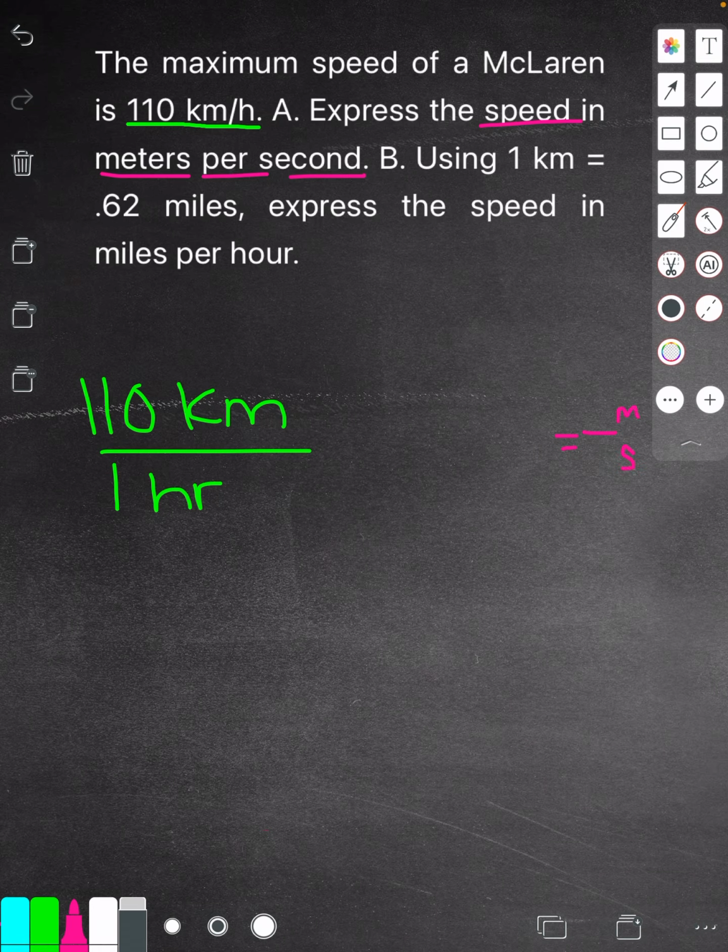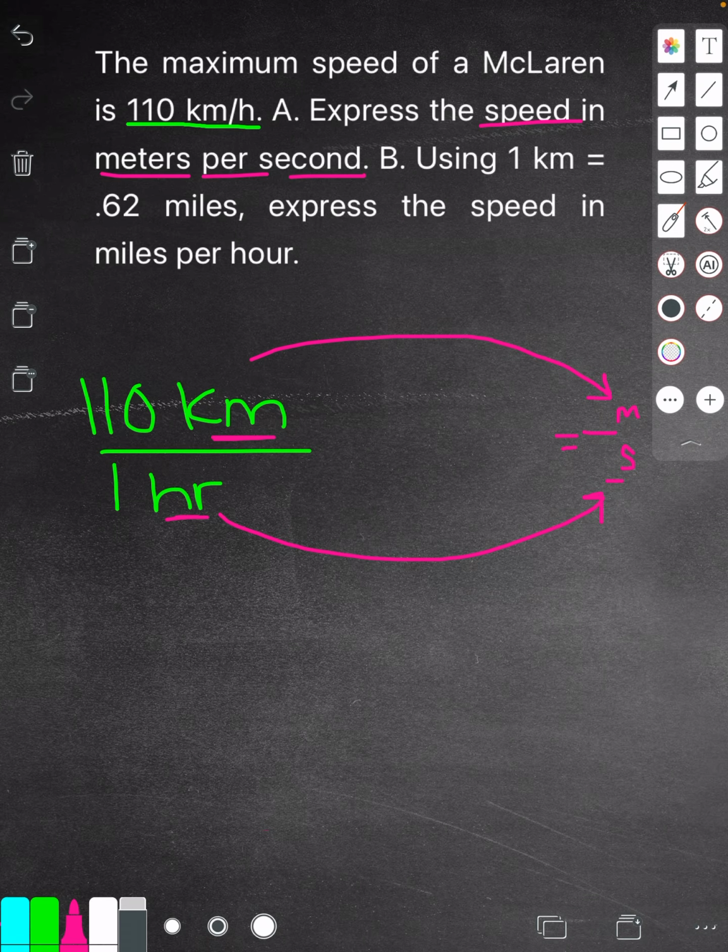This is where it gets interesting. We're going to see what is changing here. We have kilometers on the top of our original rate, and it is changing to meters. Whoa, stop there. We're already changing one thing. Take a look at the bottom. We're going from hours to seconds.